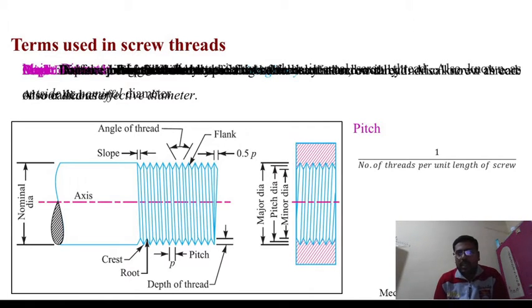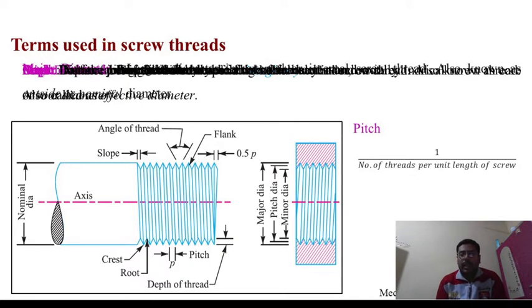In the previous class we started the terms used in screw threads, that is, in screw fasteners. These are the main terms used in screw threads: angle of thread, flank, slope, crest, root, depth of thread, axis, nominal diameter, major diameter, pitch diameter, minor diameter.